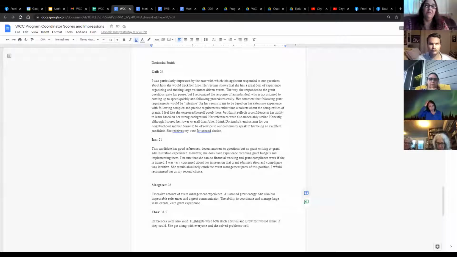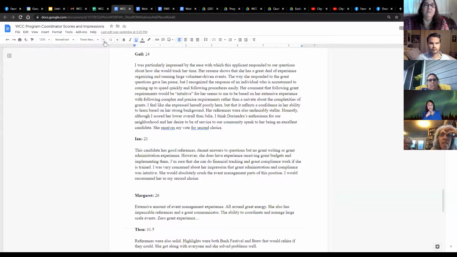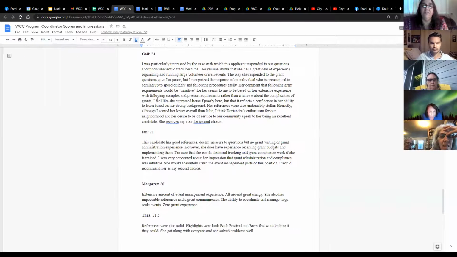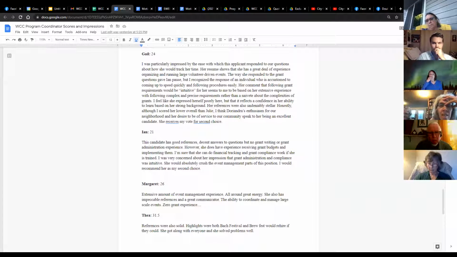The focus of this position, this program coordinator, will be to help us move forward with our volunteer efforts around COVID vaccine clinics and other health and wellness efforts under that umbrella. Also, to help us with administering and maintaining compliance with the grants that Ian has found for us thus far, and also to assist in gaining more grants moving forward.